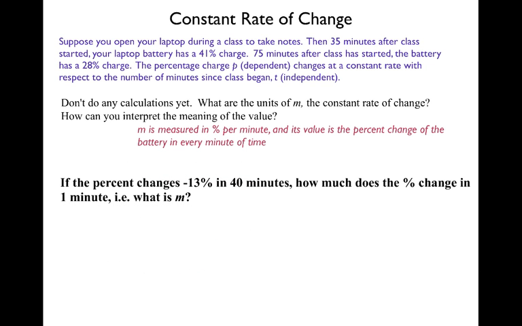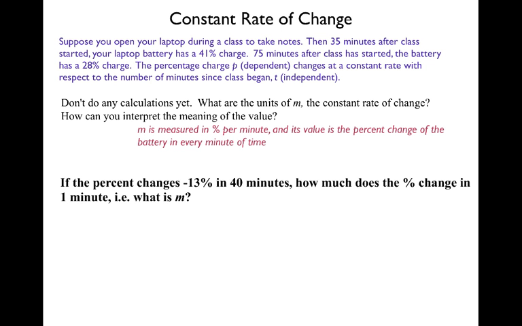Okay, so now let's talk about calculating m. So if it changes negative 13% in 40 minutes, how much does the percent change in 1 minute? So think about this. In 40 minutes, it changes negative 13%. So then how much would it change in 1 minute? So 1 minute is a 40th of 40 minutes.